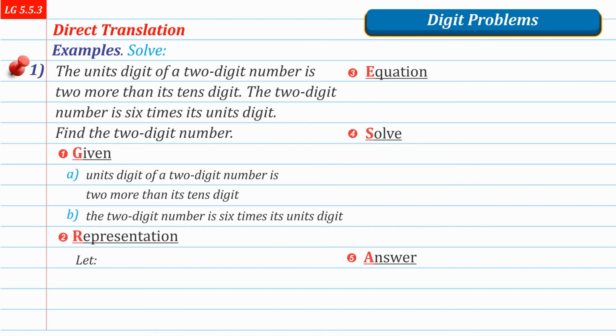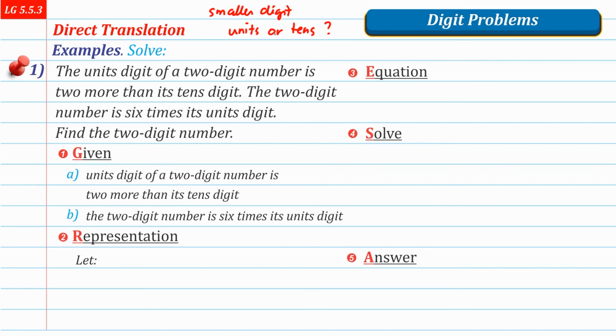Sir, ano na yan gagawin natin? So we have the tens and ones, diba? Okay, sige. Identify first: which is the smaller digit, the units digit or the tens digit?